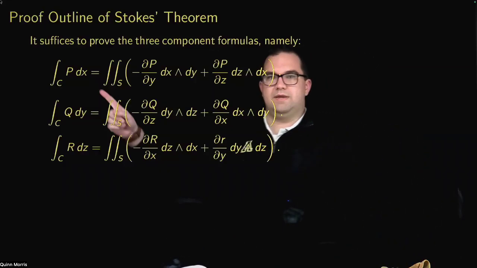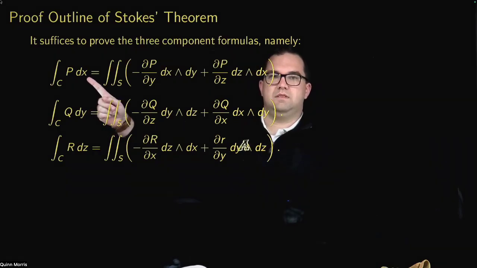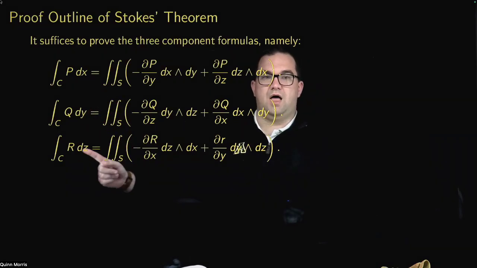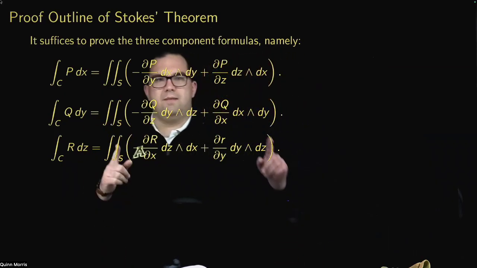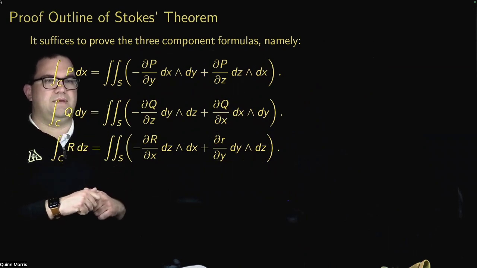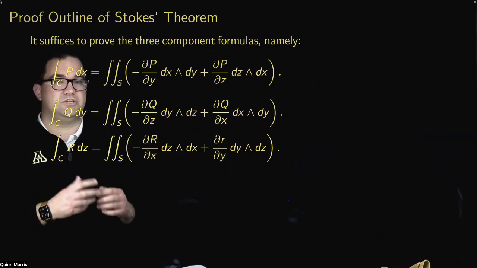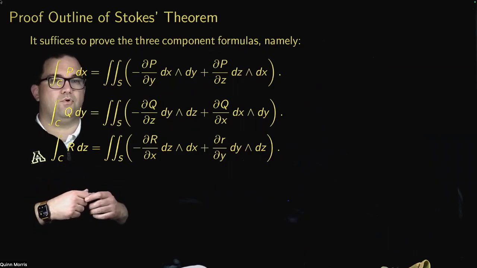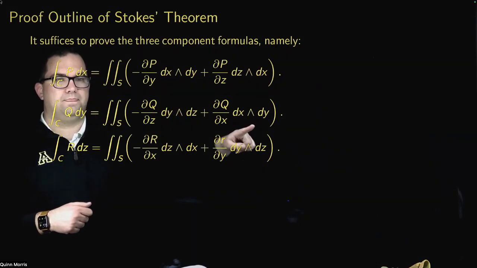So notice that what I'm doing here is I'm really just taking the components of the line integral, so the x, y, and z components of the line integral, but now I'm breaking this up into some different pieces. Now, it's a little hard to see here exactly what's going on, but if you look at, for example, the pieces over here that have dx wedge dy.